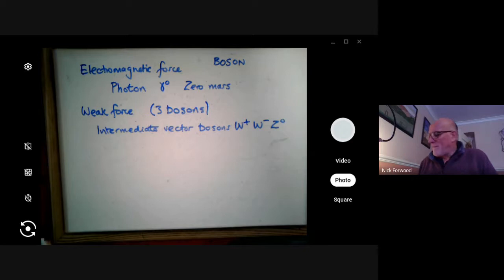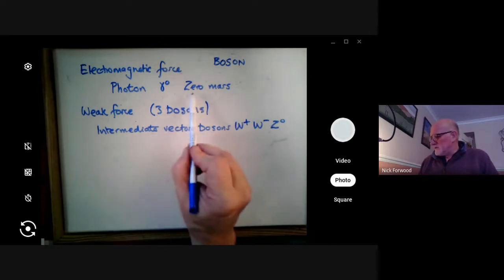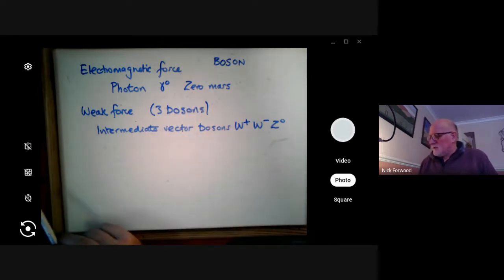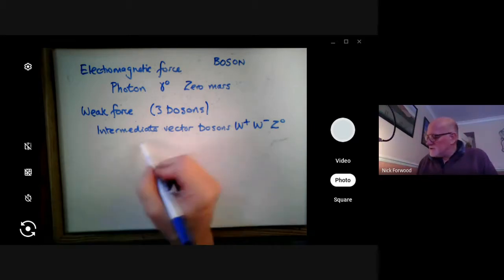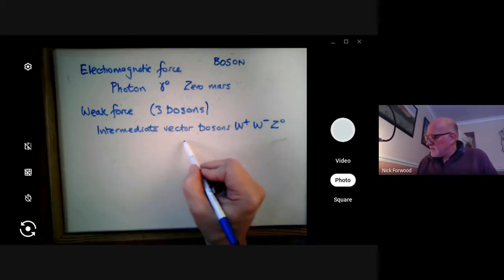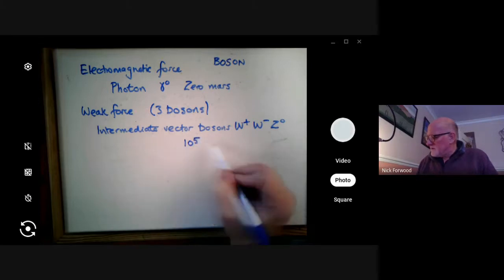Now they're more massive than the photon. If we think the photon has got a tiny, tiny mass, almost nothing, the mass of the intermediate vector bosons responsible for the weak force is about 10 to the power of 5 times the mass of a photon.